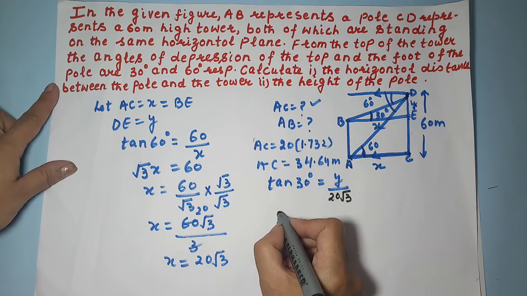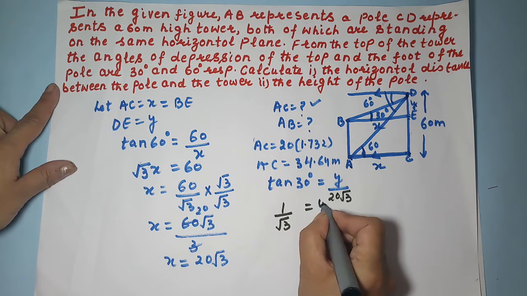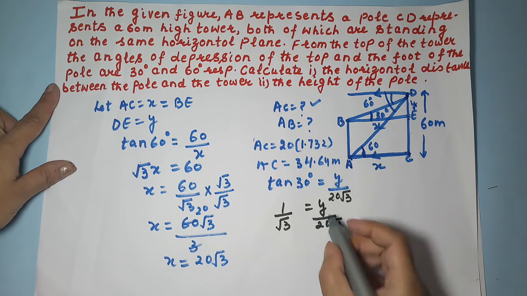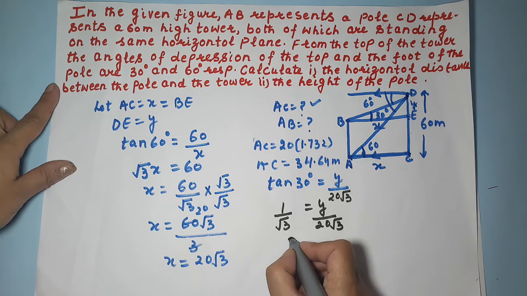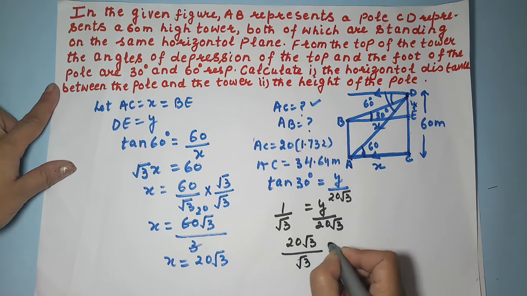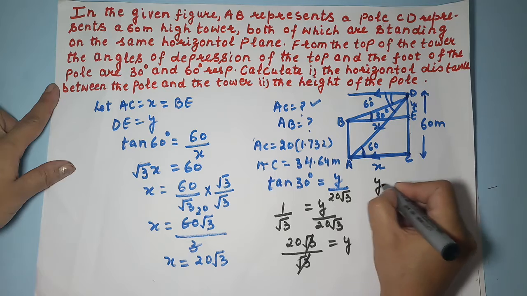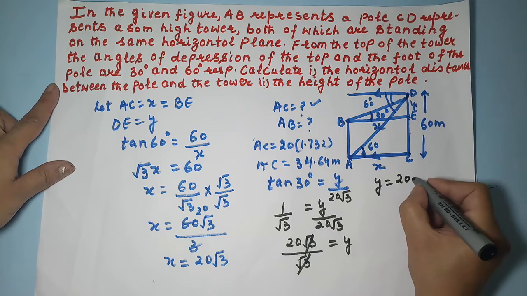So tan 30 we know is 1 by root 3 equal to Y upon 20 root 3. So if I cross multiply, what will I get? I will get 20 root 3 upon root 3 equal to Y. Root 3 and root 3 will go. I am getting Y as 20. This distance I am getting 20 meters.